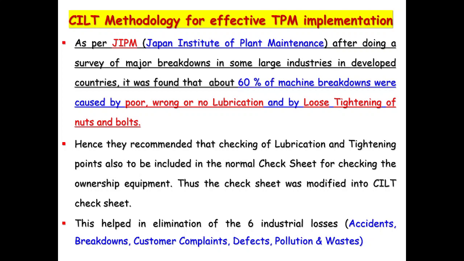Hence, they recommend that lubrication and tightening points also be included in the normal check sheet for inspecting the equipment. Thus, the normal check sheet was modified into the CILT check sheet. After following the CILT check sheet sincerely, it was observed that it has helped in containing the 6 main industry losses, that is, accidents, breakdowns, customer complaints, defects, pollution, and waste.